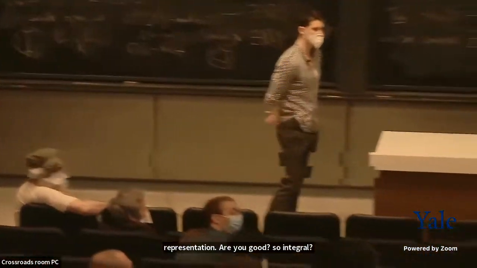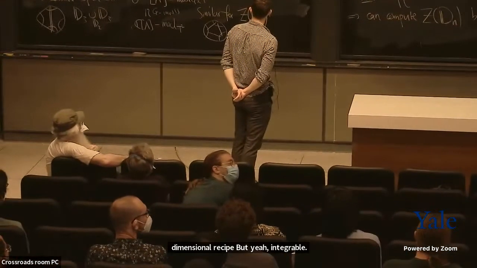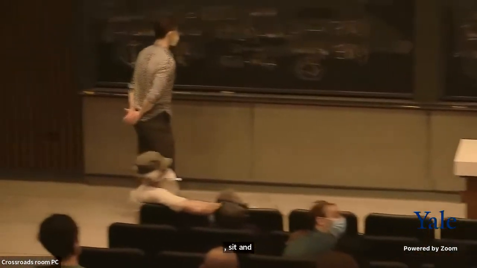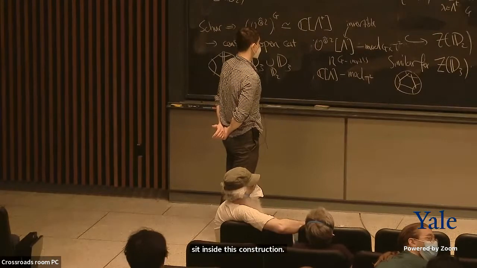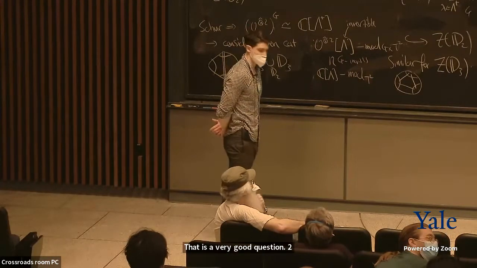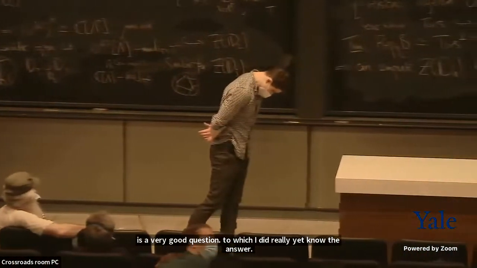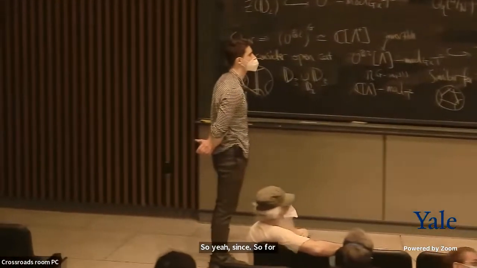But then how does Reshetikhin-Turaev, I mean, topological field theory, sit inside this construction? That is a very good question, to which I don't really yet know the answer. For that, one should work with something like this category.